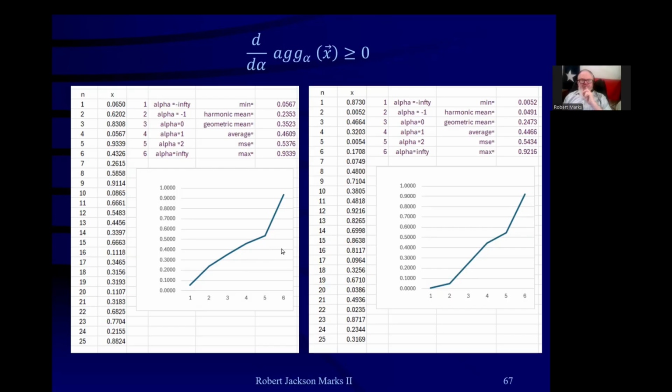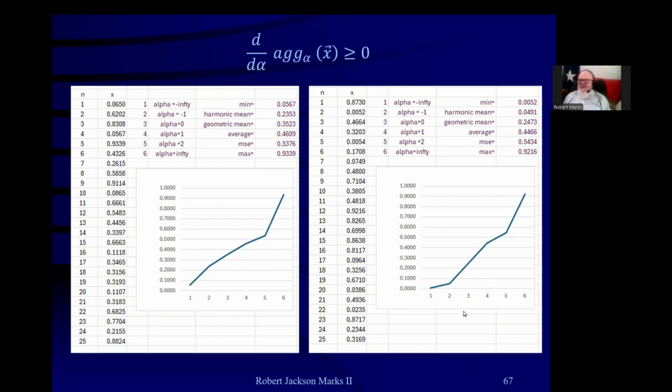I tried to take the derivative with respect to alpha of the aggregation operator and show that it was greater than 0. And I just ran into a beehive of problems. It was just a big mess. So I'm still going to try that. I think you can probably take the first derivative with respect to alpha and show that it's greater than 0. But this is certainly an example illustrating that fact.